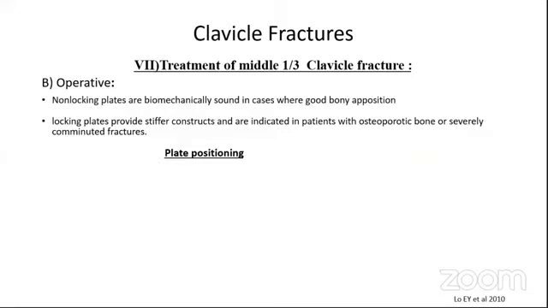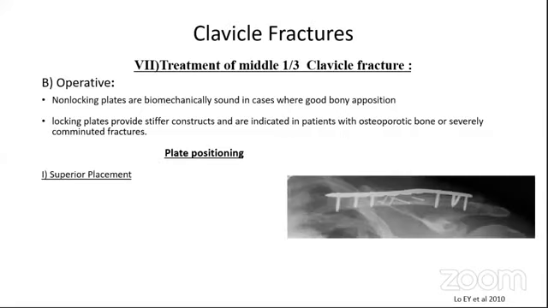Another point to take into consideration while fixing the clavicle fracture is the plate positioning. The standard or most common way to position the plate, as we all know, is the superior position of the plate with some interfragmentary screws. In the advantage, you are putting your plate on the tension side of the fracture, so it's a more stable construct.